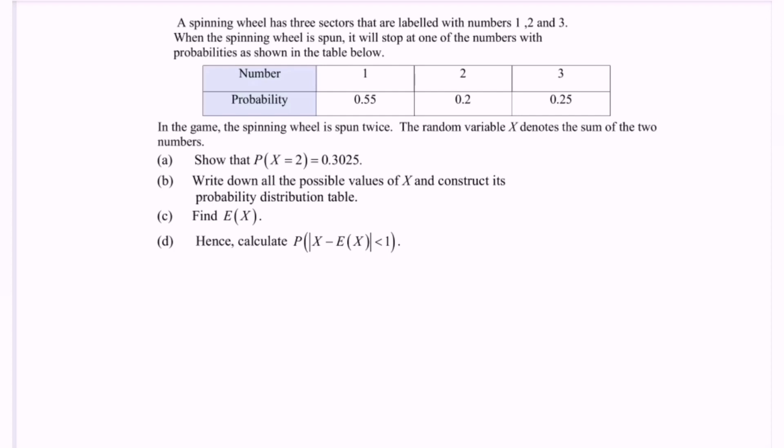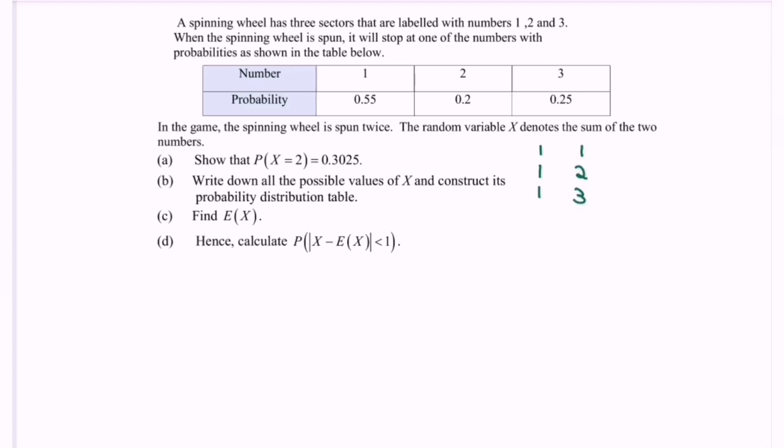So what we have to do is construct the probability distribution table. Try to imagine the situation. If we spin for the first time, we have the possibility of getting number 1. After that, we spin for the second time, we will have number 1 as well, followed by (1, 2), and then (1, 3).